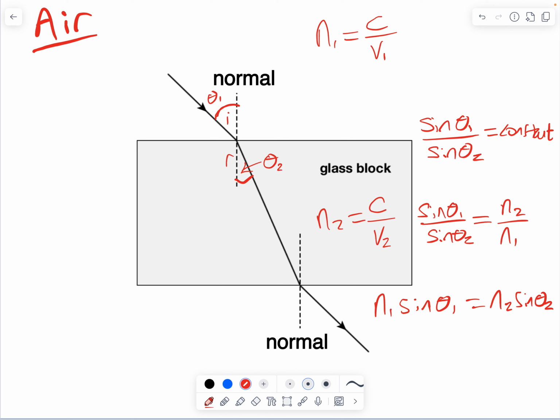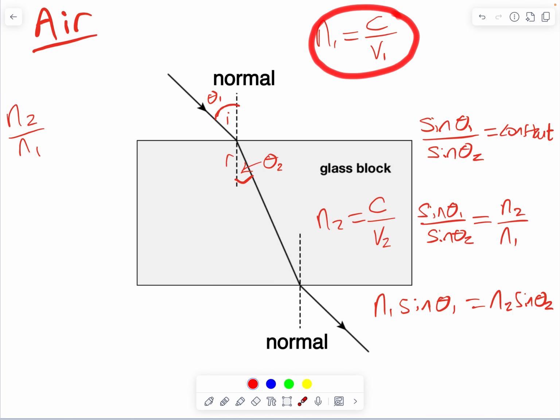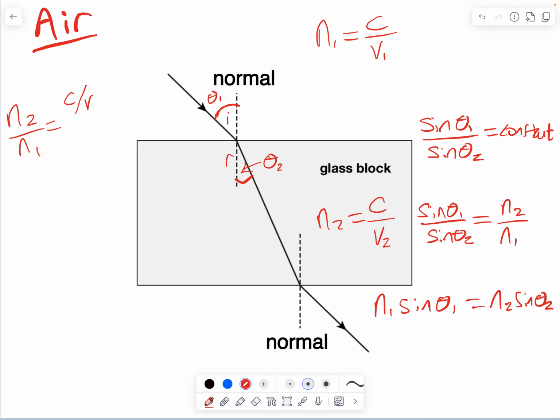And then there's another way we can write this as well. So n2 divided by n1, well, we know that n2 is c over v2, and n1 is c over v1, so we can substitute those values in. When you divide two fractions, you multiply the numerator by the denominator flipped over, so to speak.